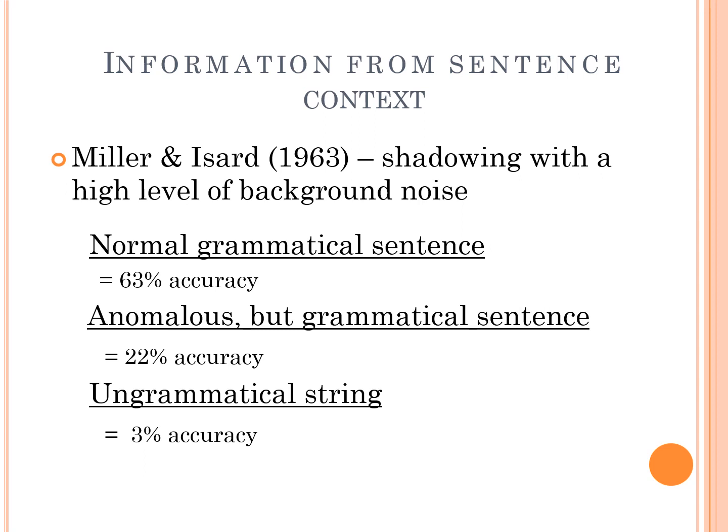And with the ungrammatical string, again, they're way down there, at 3% accuracy. So you can see that even if things don't make sense semantically, grammar helps us to piece things together, because 3% accuracy is terrible.